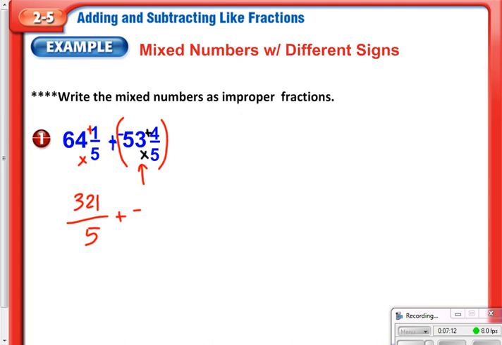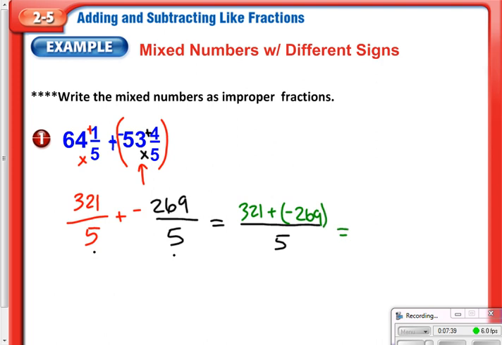Multiply, add, so we have 53 times 5 plus 4 is going to give me 269, and this is over 5. If I want to rewrite it, we know that we have the common denominator of 5. Your numerator basically is saying 321 plus negative 269.